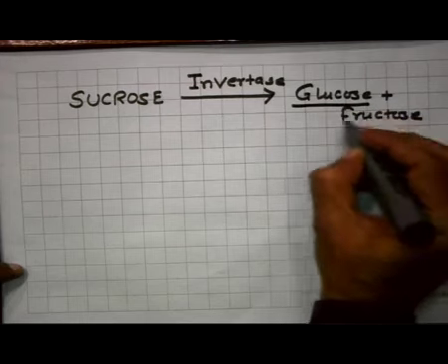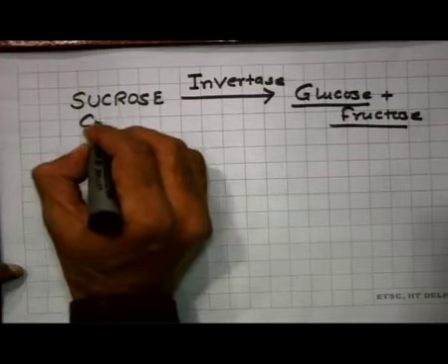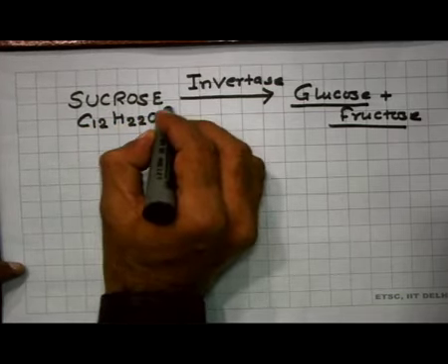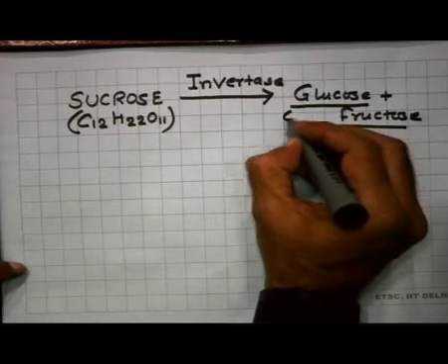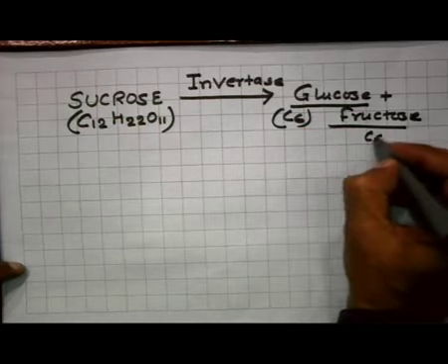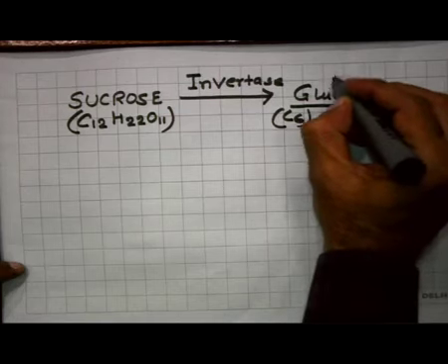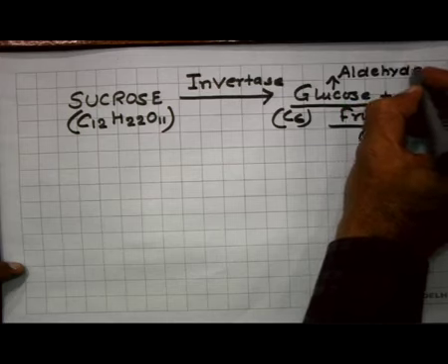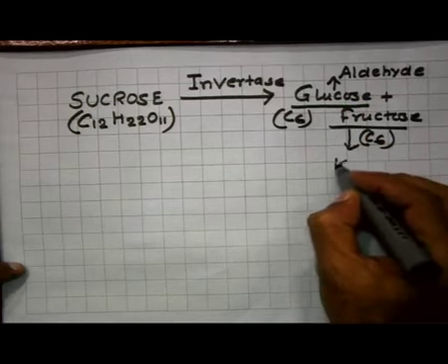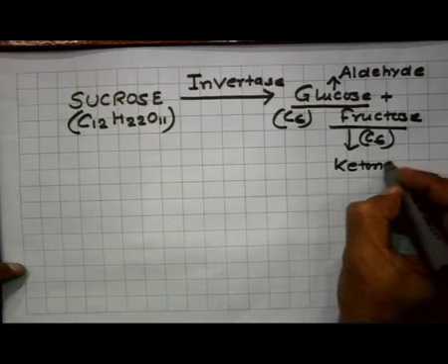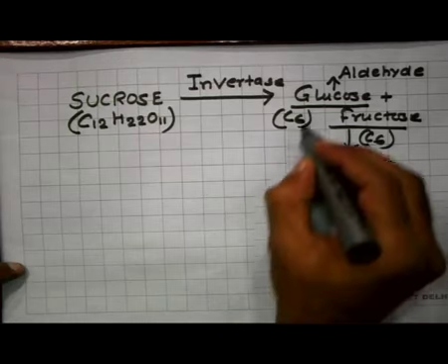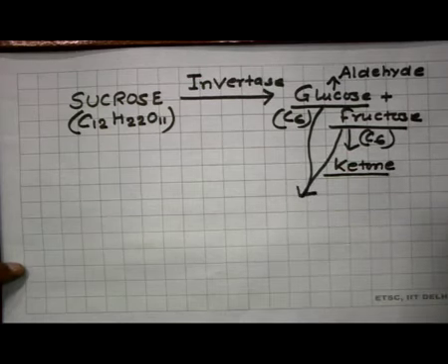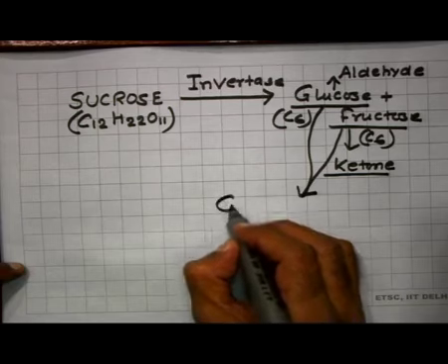Both are 6 carbon compounds; it is a carbon 12 compound converted into C6 and C6. Glucose is an aldehyde molecule, fructose is a ketone molecule. Both glucose and fructose enter into the glycolytic pathway.